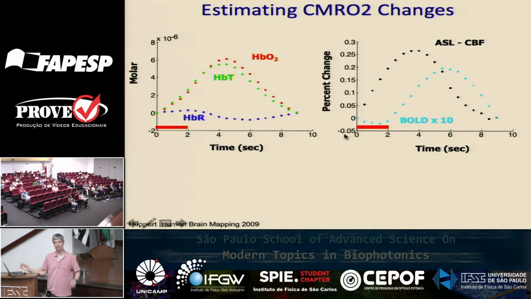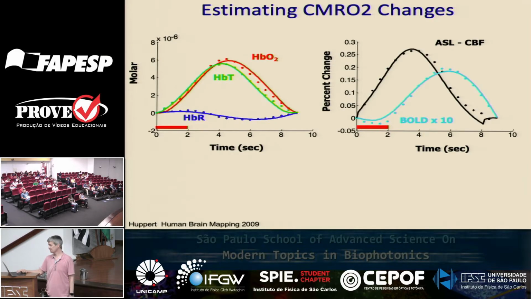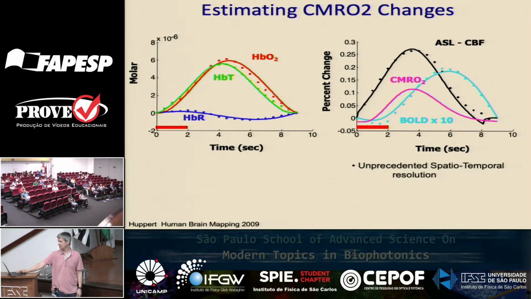So we can now take these combined measurements, the NIRS measurements and the fMRI measurements, and we can fit the data with a biophysical model of oxygen delivery to the tissue. So we can fit the data very well, and from that model fit to the data, we get an estimate of the evoked response in the cerebral metabolic rate of oxygen, right?